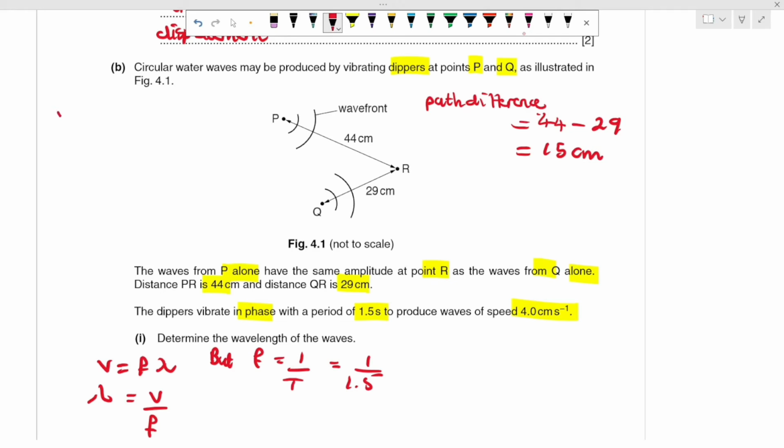Number one, we have what we call constructive interference. I'm going to explain how that works. And then number two, we have destructive interference.